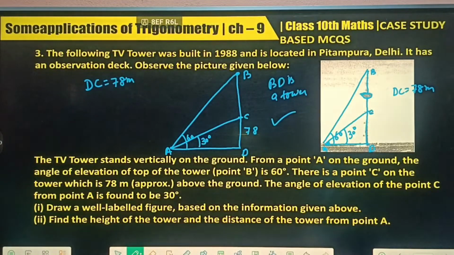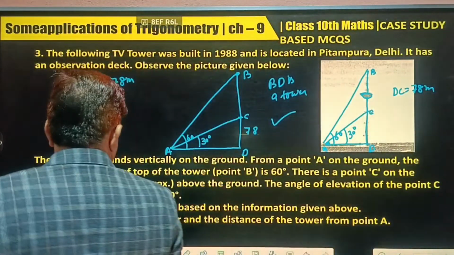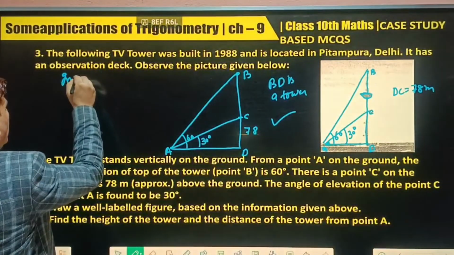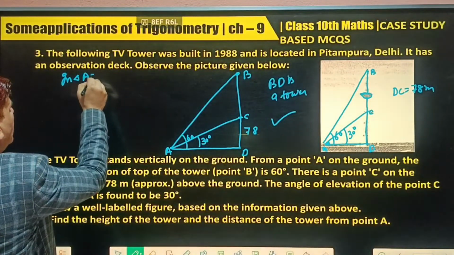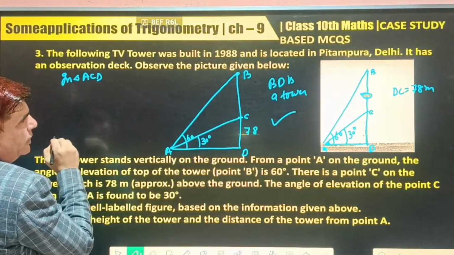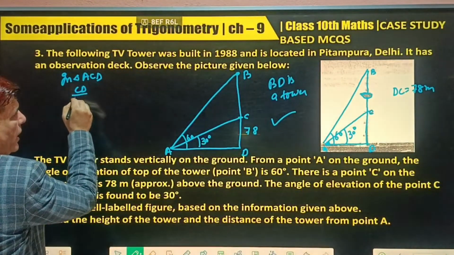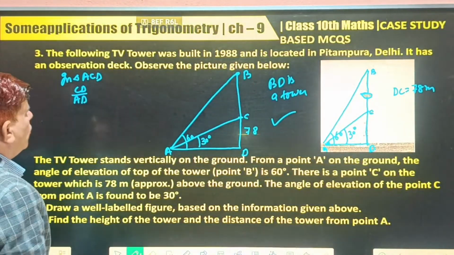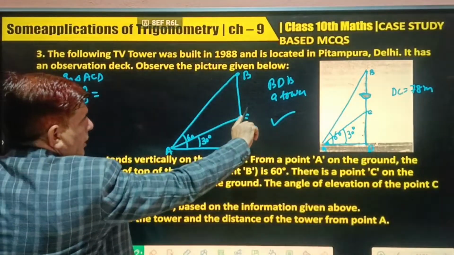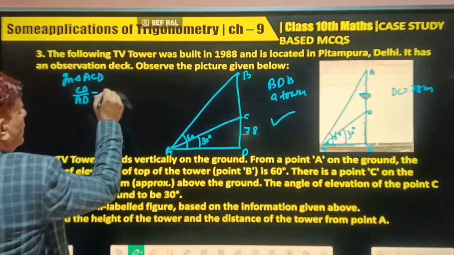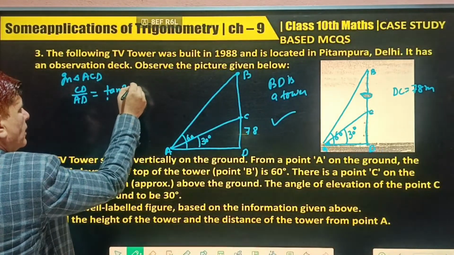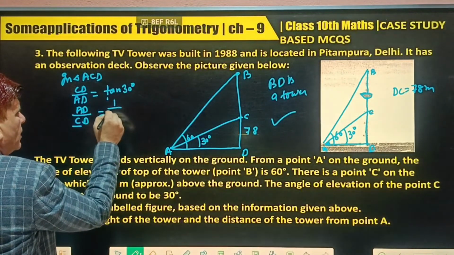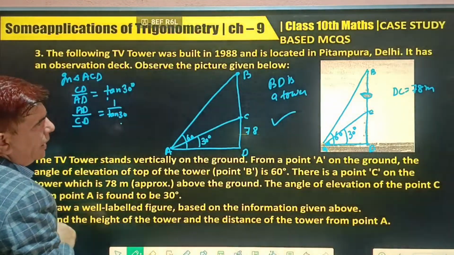We have to find the height of the tower. First, which triangle can we take? We can take triangle ACD. CD by AD, perpendicular by base, is equal to tangent 30 degrees. So AD by CD is equal to 1 by tangent 30 degrees.